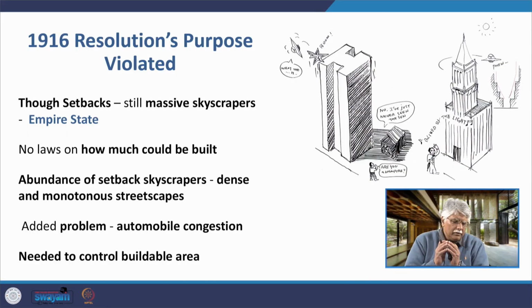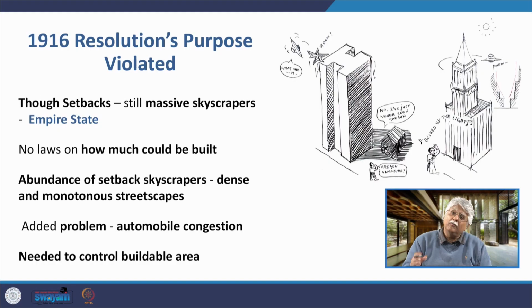So now the purpose of the 1916 zoning resolution was being violated, not because of these buildings, but because other buildings, though they were giving setbacks, were massive skyscrapers like the Empire State Building, because there was no law on how much can be built. There was an abundance of setback skyscrapers, but even then, because of their mass, because of how big they were, there were dense and monotonous streetscapes as a result of that.